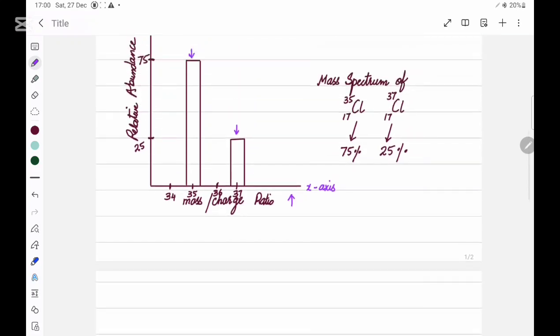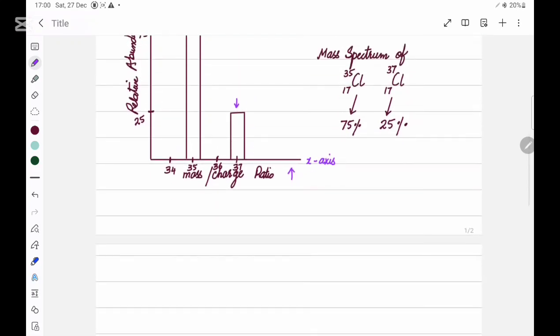If we want to find the average atomic mass, we use this formula: I multiply the atomic mass of isotope chlorine 35 with its percentage, plus I multiply 37 with 25, which is the percentage abundance of chlorine 37.